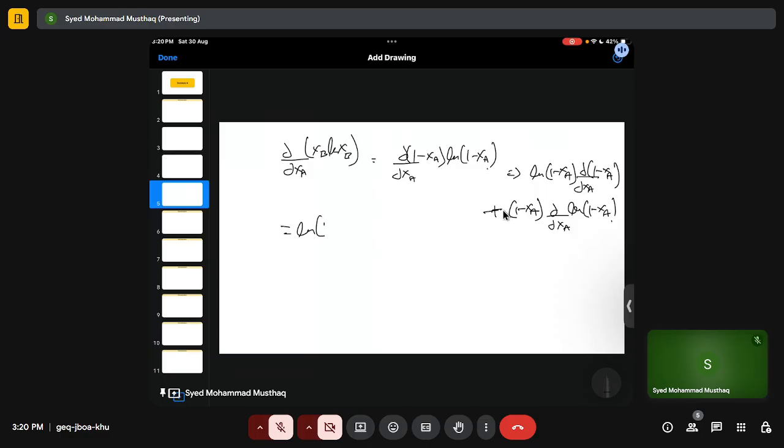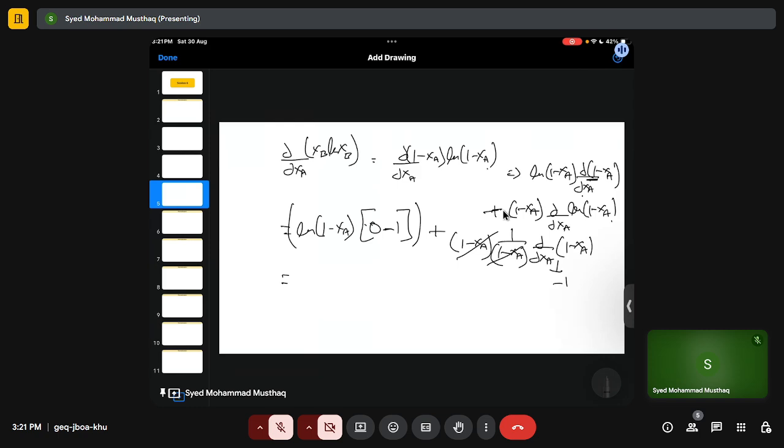Ln (1 minus XA) stays constant at first, then we differentiate 1 minus XA: the 1 gives 0, and ∂XA/∂XA is 1. Plus, with (1 minus XA) constant, we differentiate ln first, giving 1 by (1 minus XA), then differentiate the inside term, so this cancels and becomes minus 1.